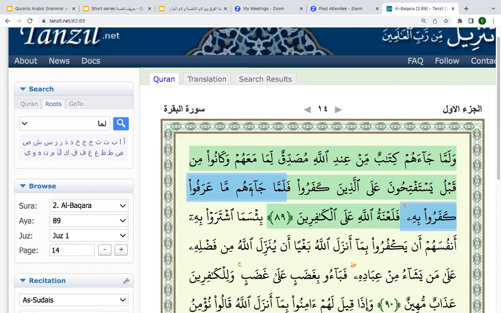When it came to them, what they recognized came to them, they disbelieved in it. So where should it end?